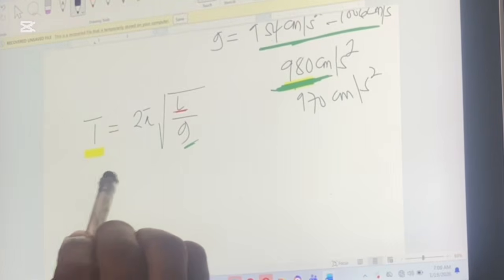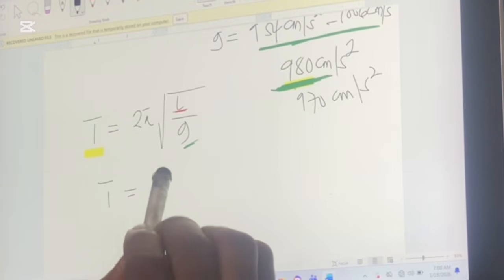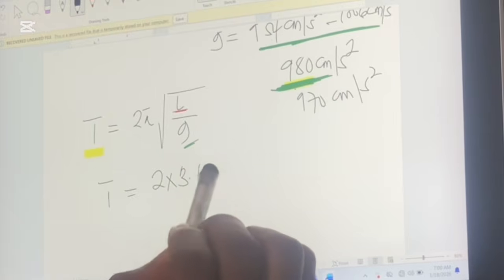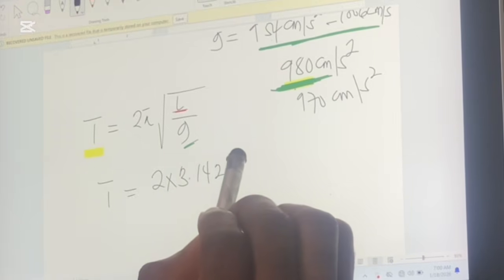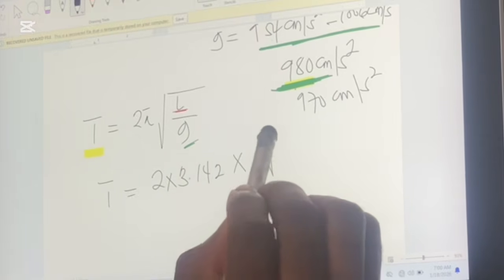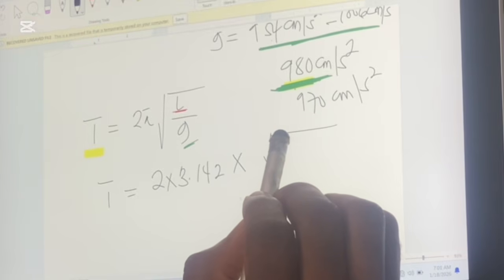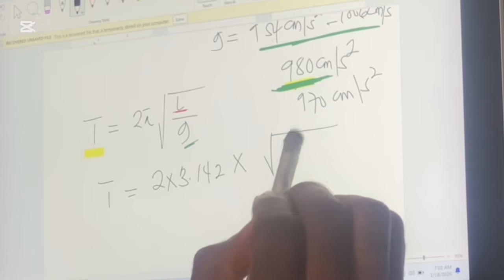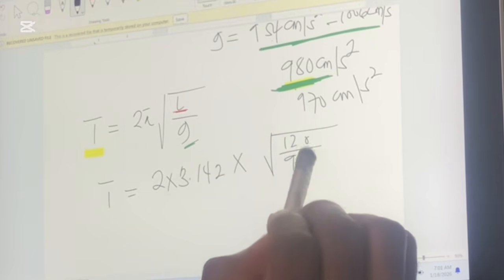When you do that, our T will be equal to 2 times 3.142, the value of pi, times the square root of the first length, 120 over 970.